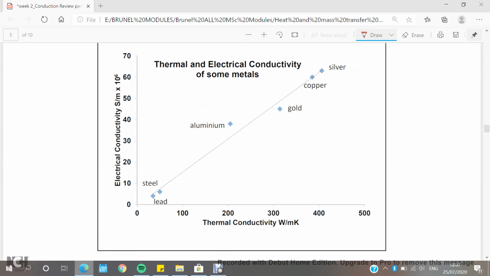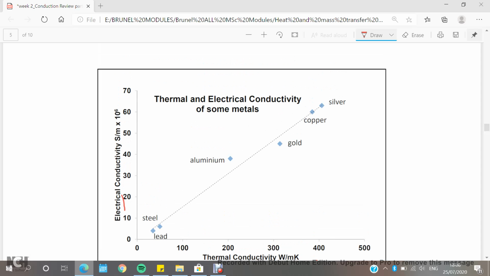Okay. Here also there is a simple diagram explaining that there are two different conductivities, which are thermal conductivity and electric conductivity. Thermal conductivity and electric conductivity are completely different, not equal to each other, but they are directly proportional to each other.